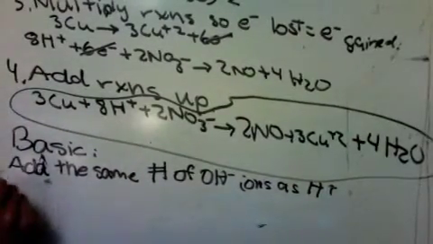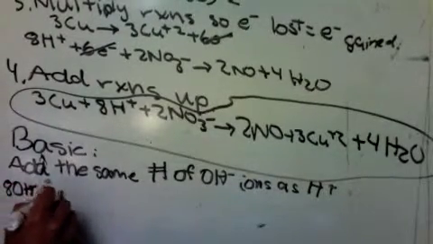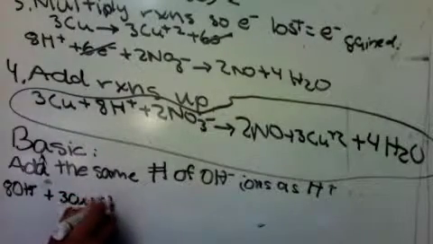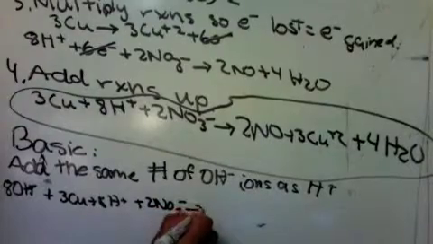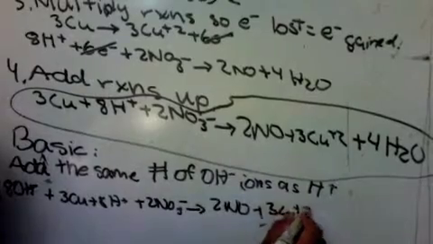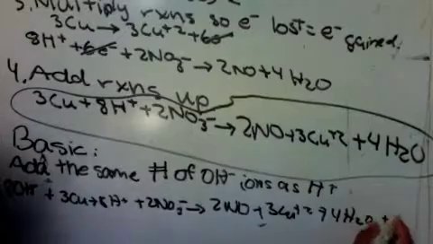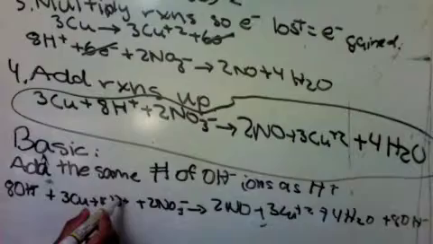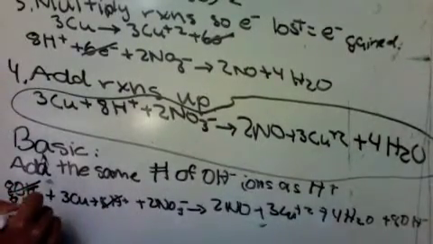So in this case, you would add 8 OH minus to 3 Cu plus 8 H plus 2 NO3 minus going to 2 NO plus 3 Cu 2 plus 4 H2O plus 8 OH minus. Now this, as you may or may not know, will go into water, so it's basically H2O.